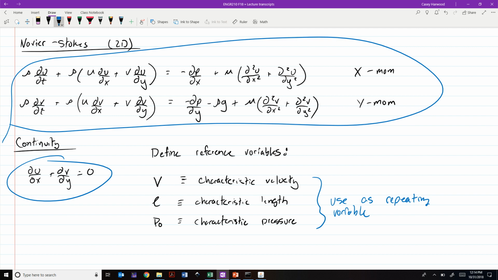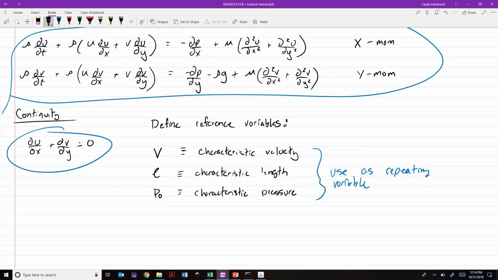And I'm going to skip over all of the math here because it doesn't really do much for us until we get to the very end. If you want to see the math, it's in section 7.10.